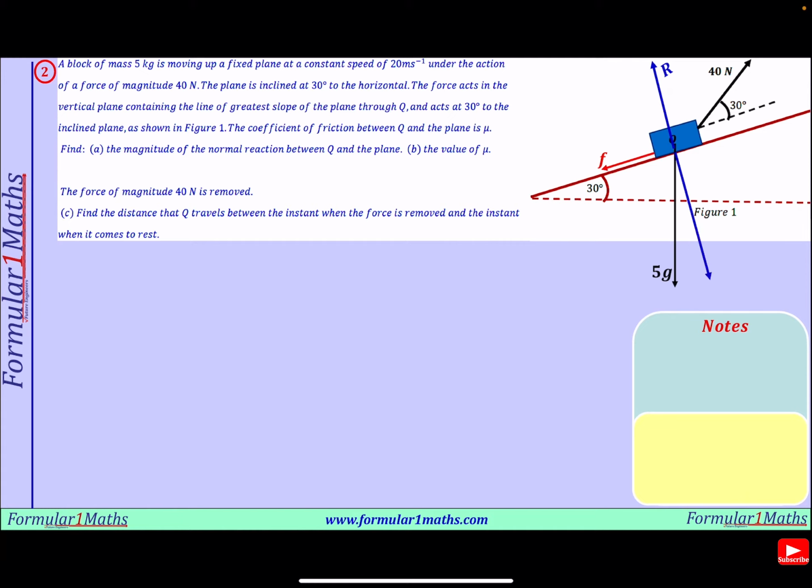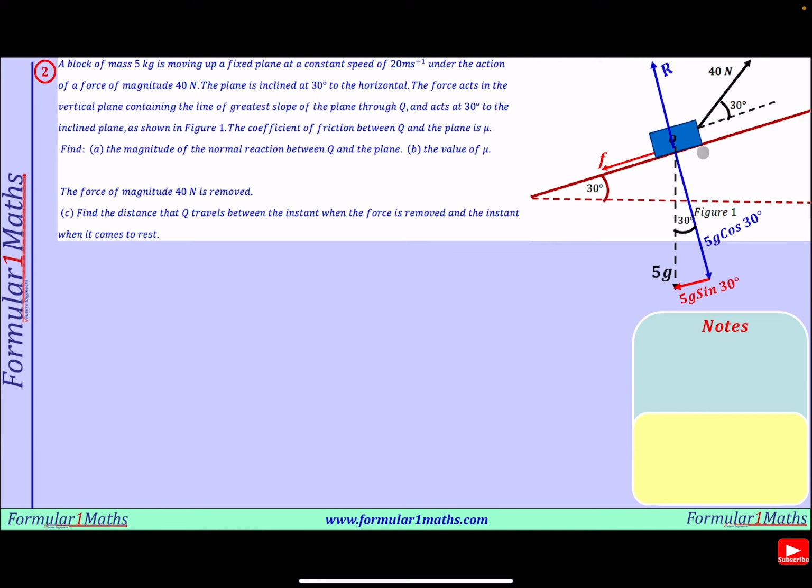For the weight, we resolve into two components, one perpendicular to the plane and the other parallel to the plane. We know this angle here is 30. So that means this component is 5g cos 30. And this component will be 5g sin 30.